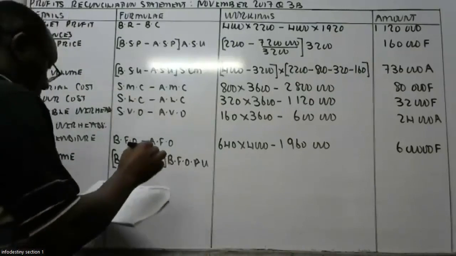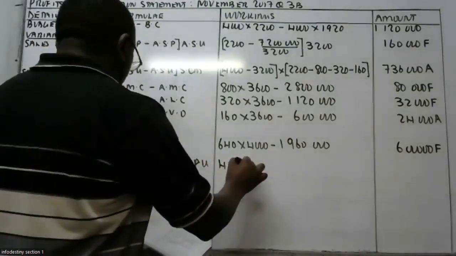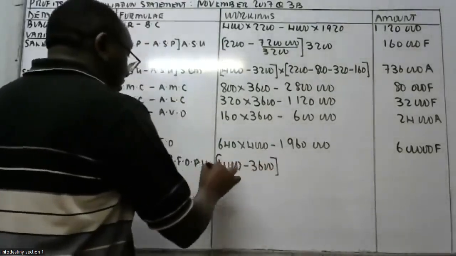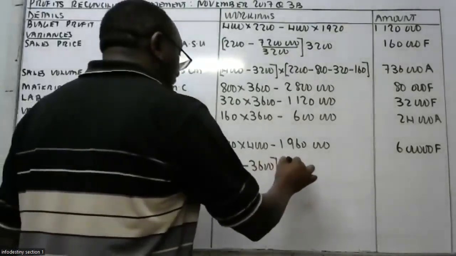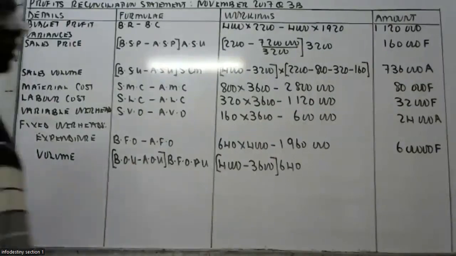So this one is a budget of 4,000. The actual was at 600. And the cost per unit was 640. So it is 640 times 400. 256,000.